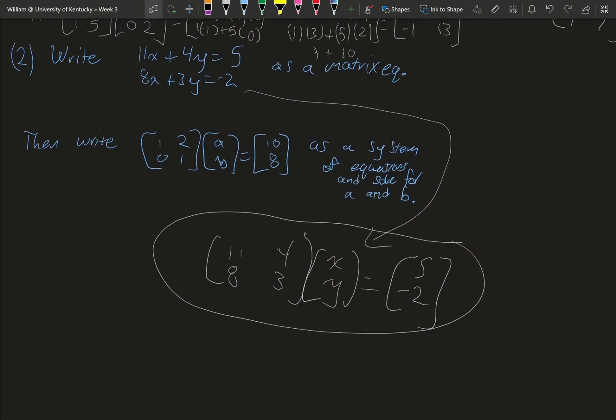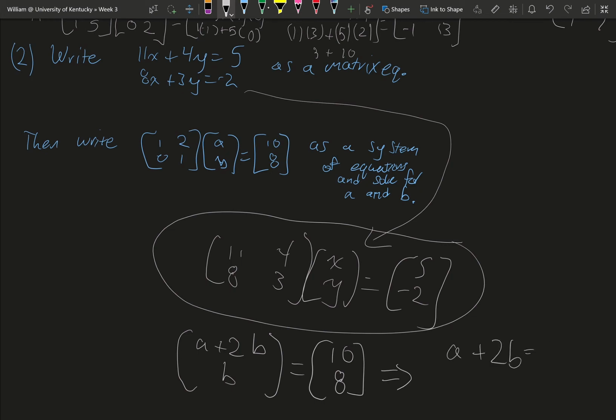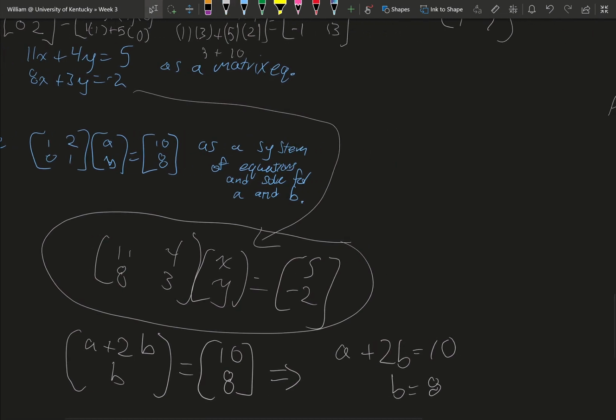And if we do the multiplication, we should have a plus 2b in the first one, and 0 times a plus b, so just b, in the second one, equals [10, 8]. So if we convert that, we have a plus 2b equals 10, and b equals 8. And if we solve this, well, b is already solved for us, but we should have a equals negative 6 and b equals 8 as our solutions there.